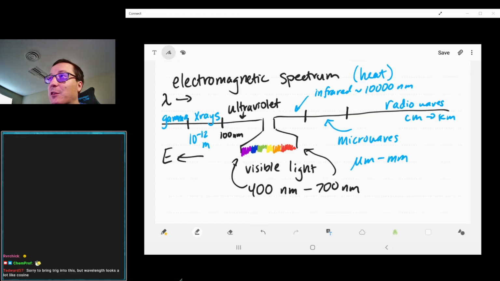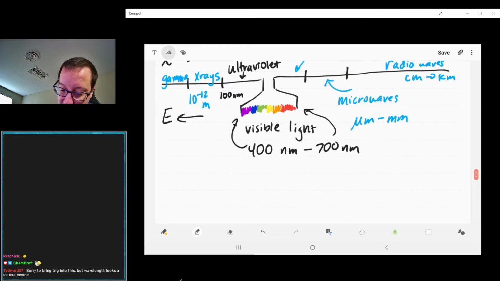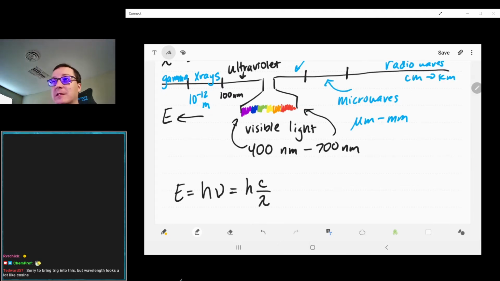We can now relate the energy of light to its wavelength or frequency. There is a constant that allows us to do that, which is Planck's constant, h. We saw just previously that nu was c over lambda.